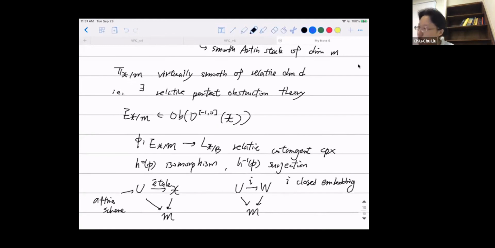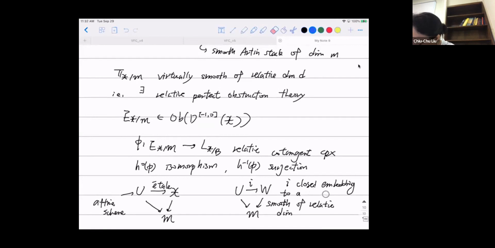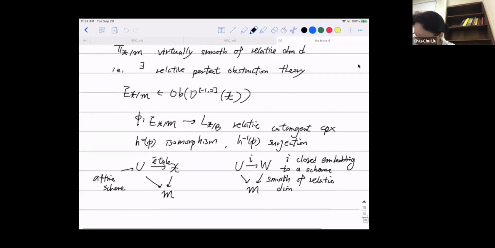M is also smooth, and W will be a non-singular scheme, but the map from W to M is smooth of relative dimension, say, D_0.